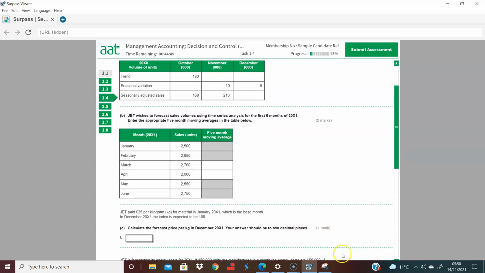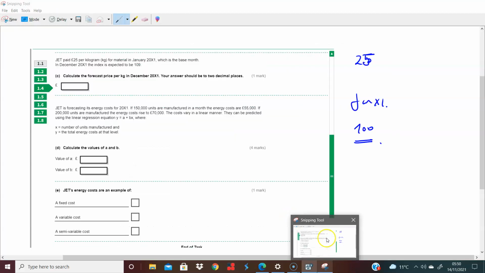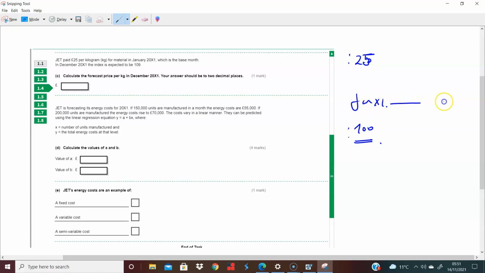But that is the base month of 100. So when you see base month, in general, it is at 100. Because what they then tell you, further down the question, is that the index is expected by December to have increased to 109.